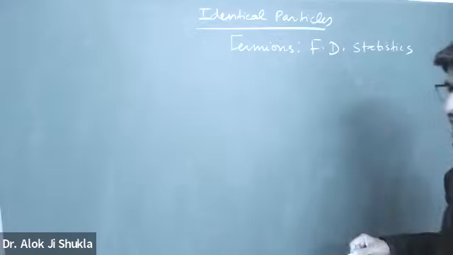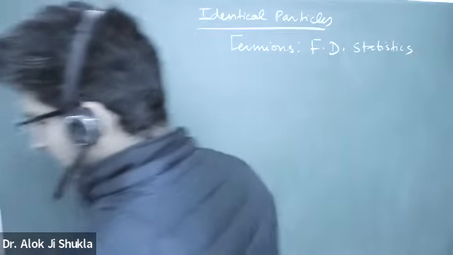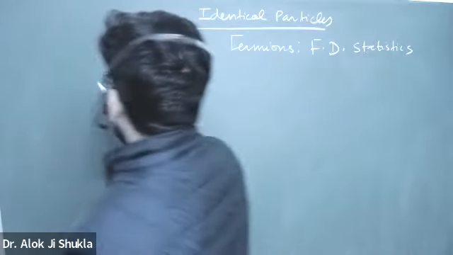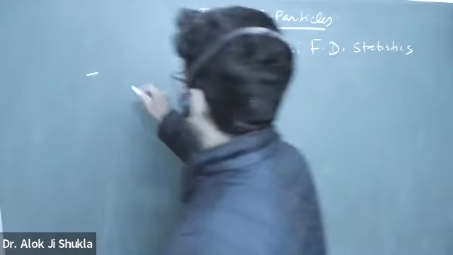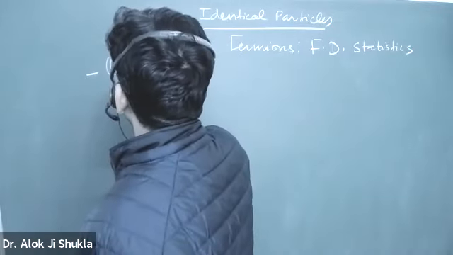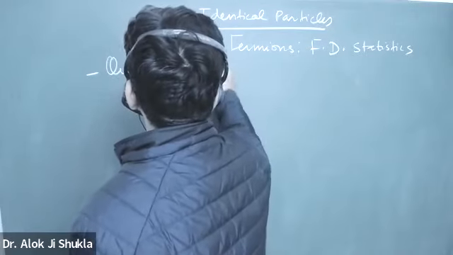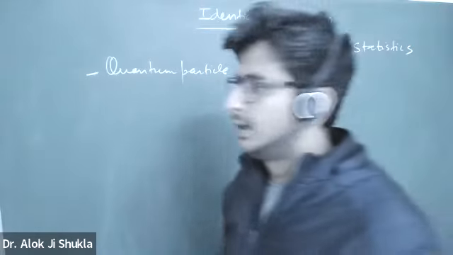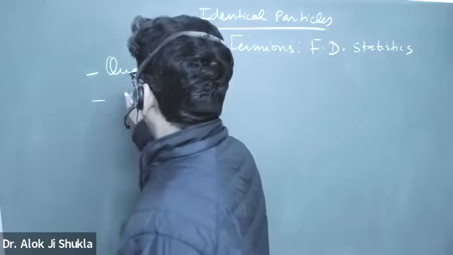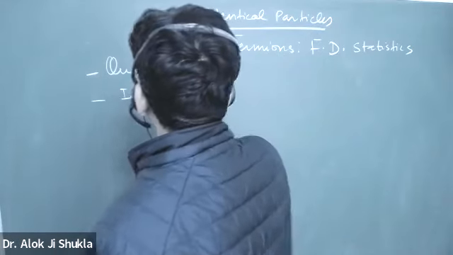Okay, they will follow Fermi-Dirac statistics. So what are the things that I will consider here? It will be a quantum particle. Okay, so quantum mechanics is applicable, and the particles will be identical but indistinguishable.